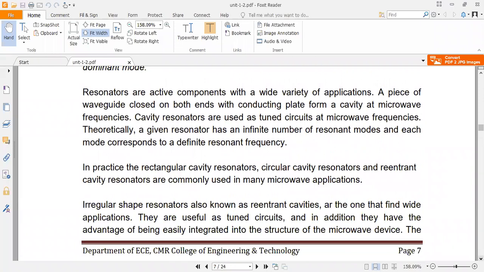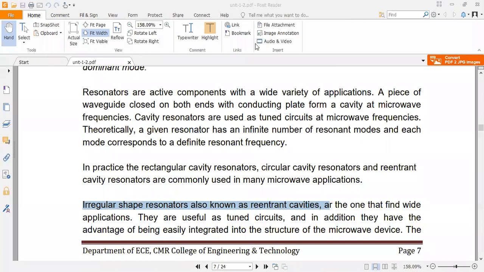So irregular shapes are also there, besides rectangular cavities. Re-entrant is nothing but some irregular shapes of cavities. Here, this point is very important. What is a re-entrant cavity? You may get the doubt.